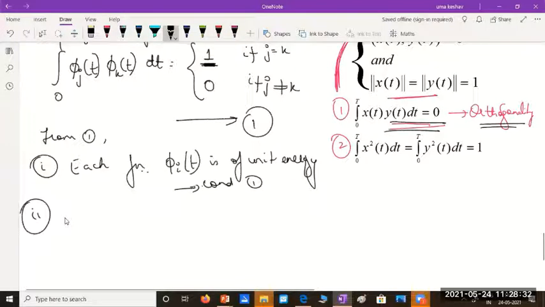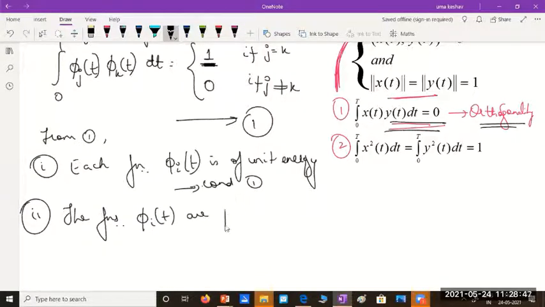And the second thing we are considering is that the functions phi i of t are pairwise orthogonal.